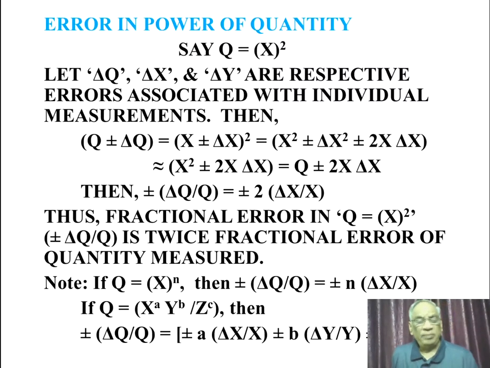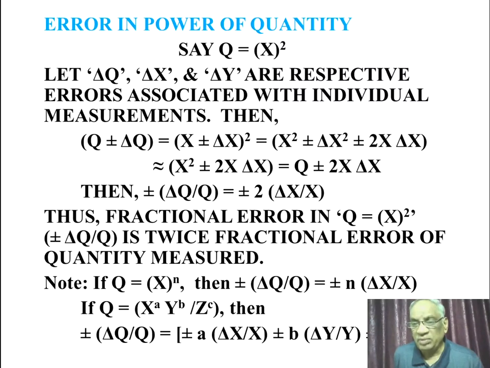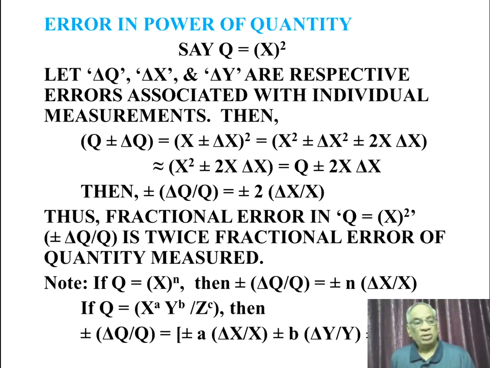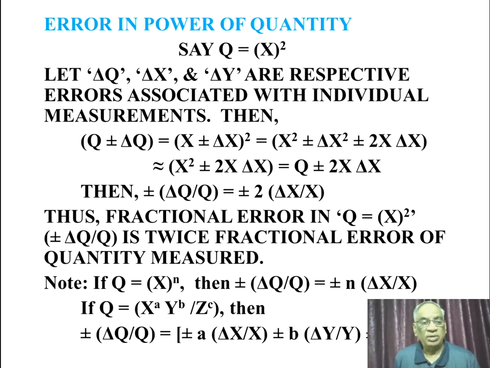Now coming to the power, sometimes q is given in terms of x to the power of n. Let us say, for simplicity's sake, we have taken q is equal to x square. So again, if you use this equation, q plus minus delta q is equal to x plus minus delta x whole square, which is x square plus delta x square plus minus 2x delta x.